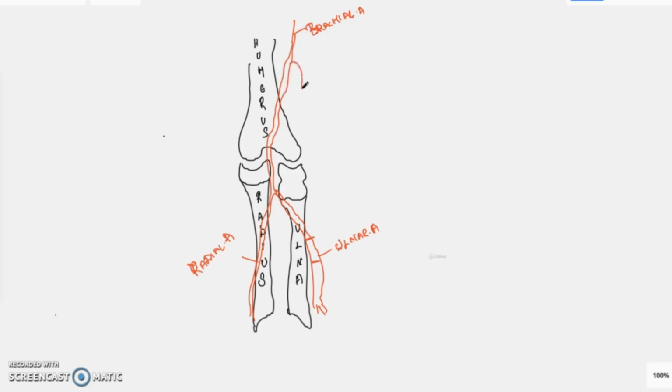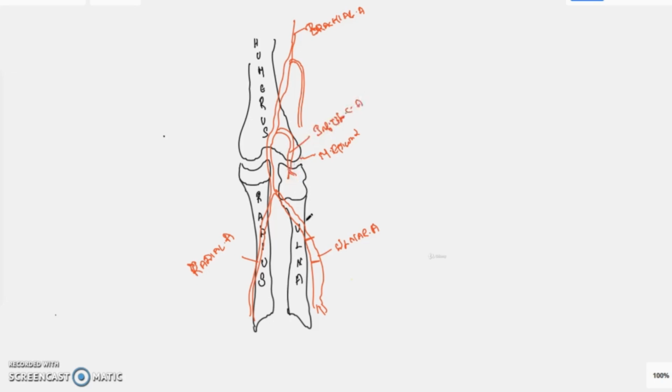One is the superior ulnar collateral artery, and then we will have the inferior ulnar collateral artery. So the inferior ulnar collateral artery comes in front of the medial epicondyle. This artery is the inferior ulnar collateral artery.